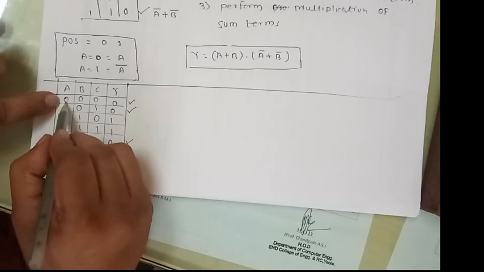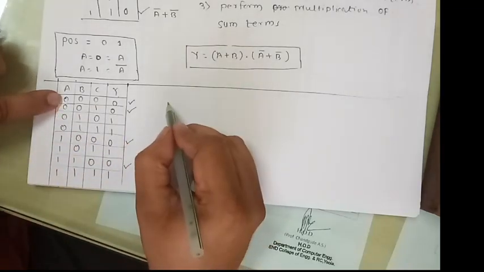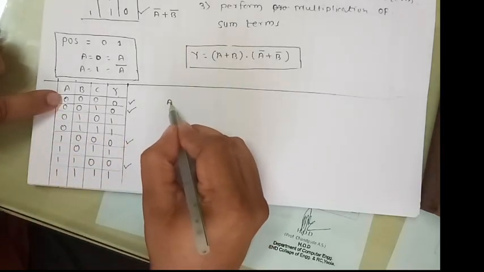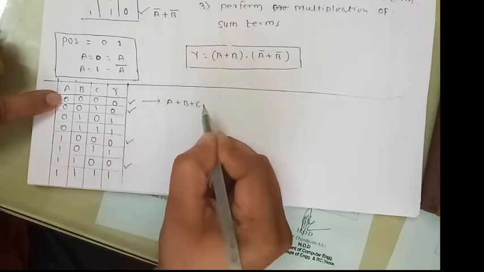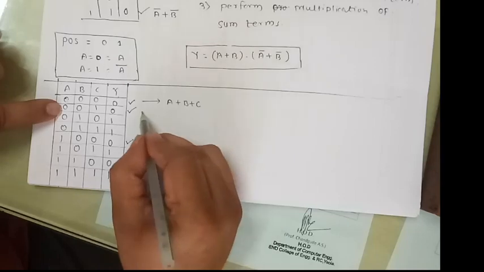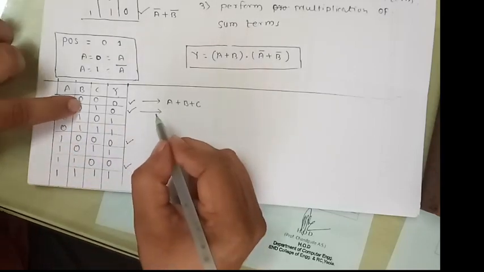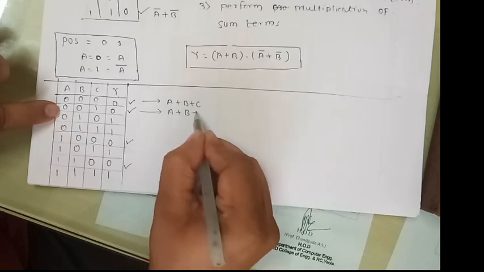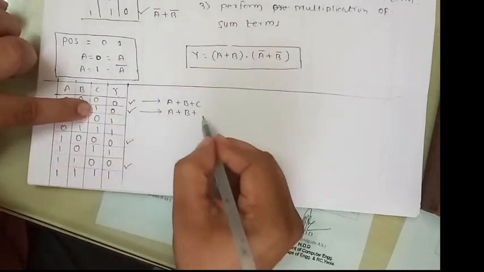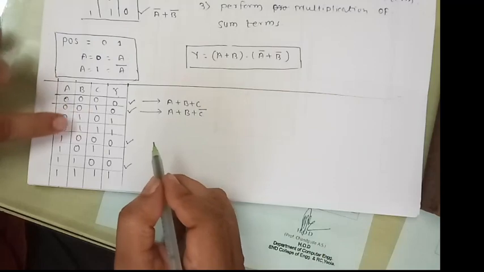For the selected cases, write the sum term. So here the value of ABC is what? 0 0 0. Here 0 is the original value. So the sum term is A plus B plus C. For the second case, 0 0 1. It is A plus B plus, the value of C is 1, and 1 here indicates the complement, so C bar.